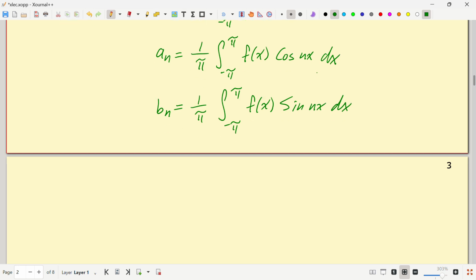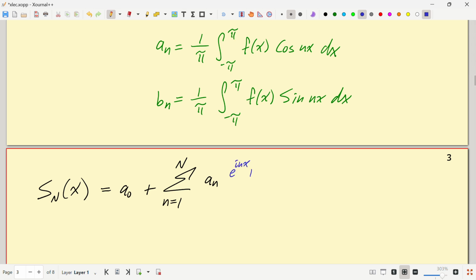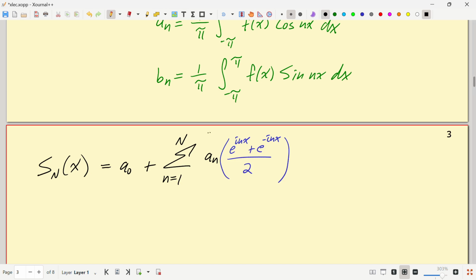Now, if I take that Fourier sum and write out that Fourier series, that's a naught plus the summation as n goes from 1 to capital N, a_n times cosine, which is e to the i nx plus e to the minus i nx over 2, plus b_n times the sine function, which is e to the i nx minus e to the minus i nx over 2i.